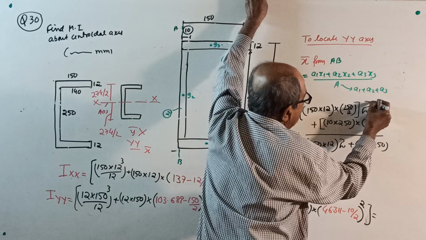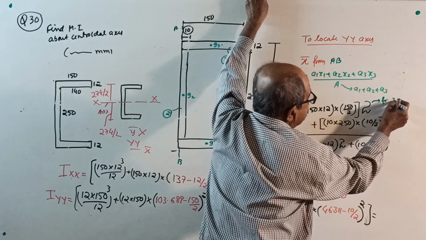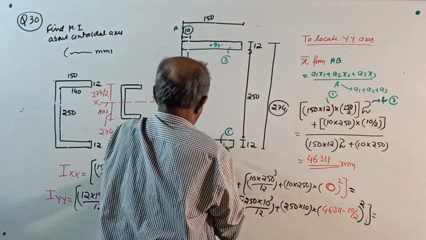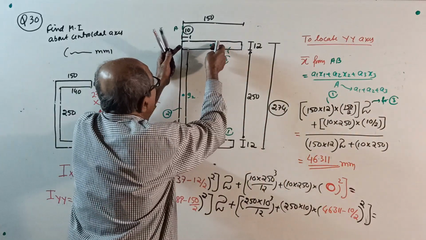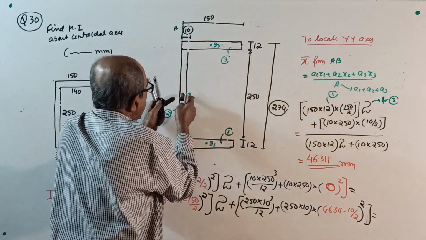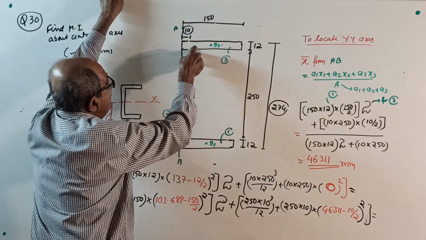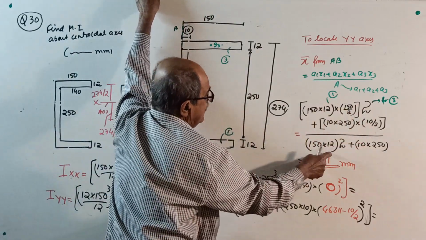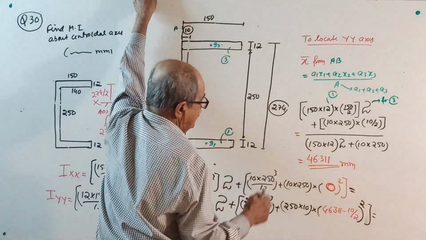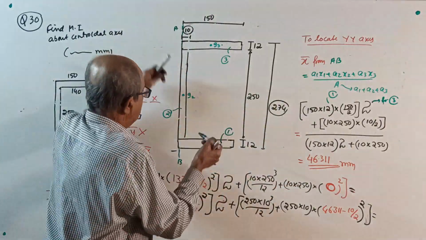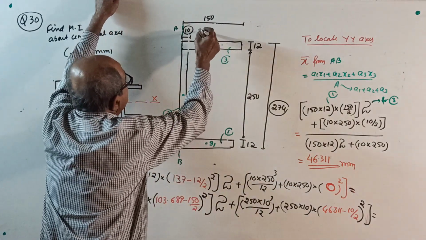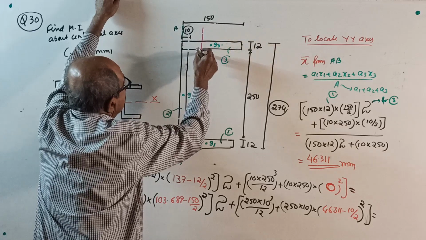A1 x1, A3 x3, then A2 x2 is 10 into 250 into 10 by 2. Divide by the total area, you get 46.311.